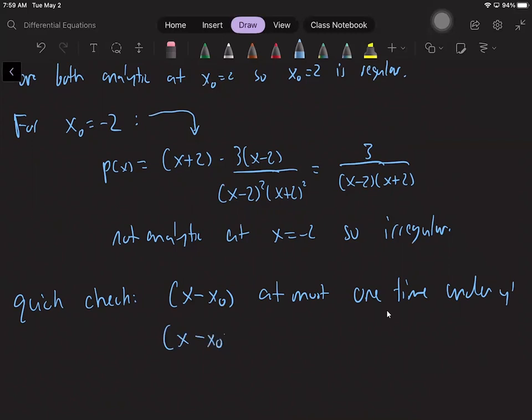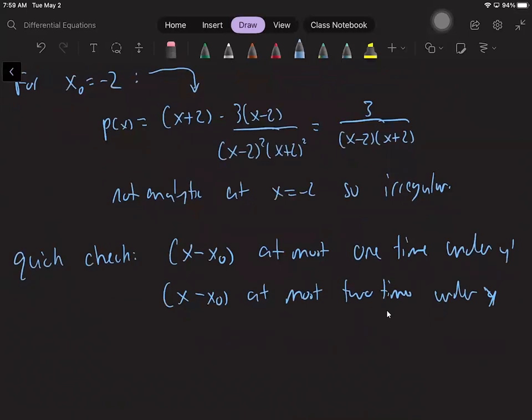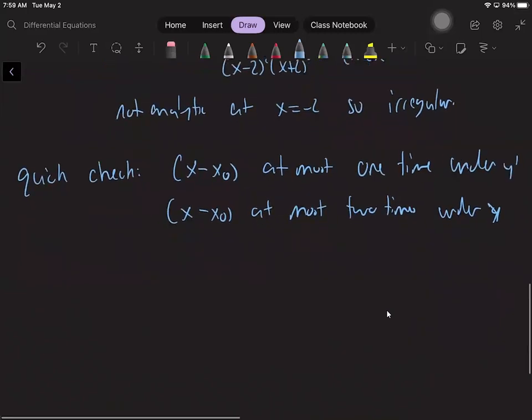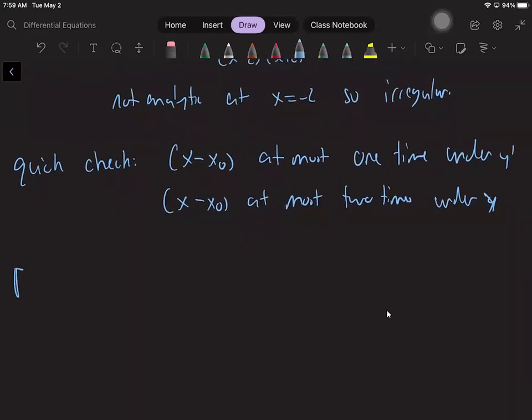And then at most 2 times under just y, for the same reason, because you have the x minus x naught squared. That's not going to cancel if there are more of them. So now we could do examples more quickly.